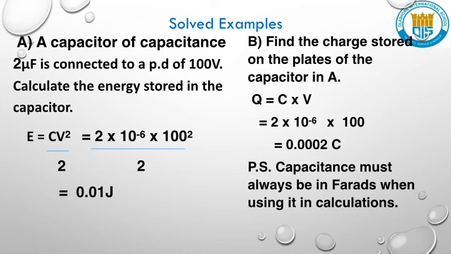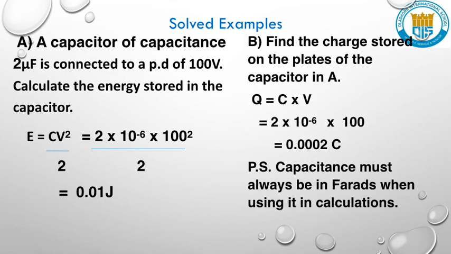That's for those of us who need to know that. 1 million microfarad makes a farad. Therefore, 2 microfarad will be 2 divided by 1 million farad. That's 2 times 10 to the power minus 6 farad. And then our V squared is 100 squared. If we do this right, we get 0.01 joules as the energy stored in the capacitor.